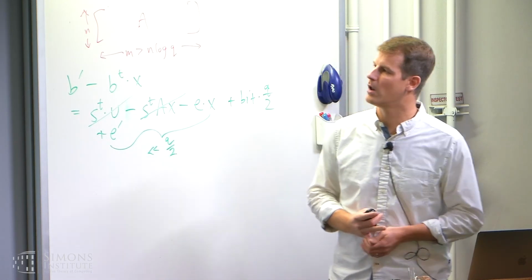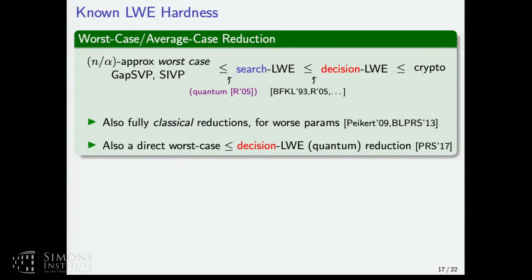So let's recall what we know about LWE. This is the state-of-the-art picture of the reductions. Worst-case lattice problems on the left, quantumly reducing to search and then decision LWE. Also a classical reduction with worse parameters and problems, and then this will be later.